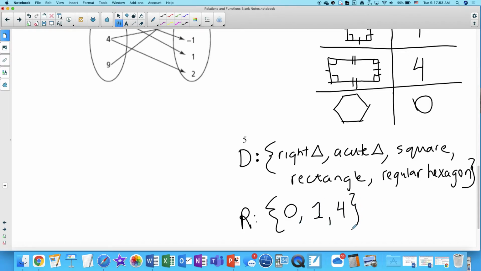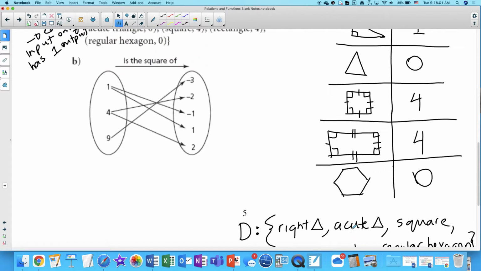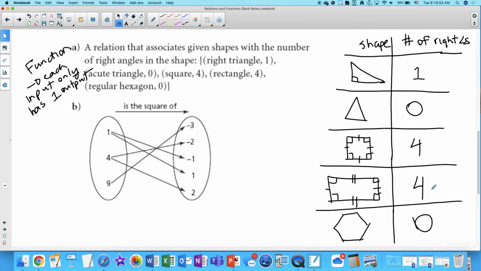Okay? Now, one thing that I should note is that it is possible to have the same output value that goes with 2 different input values. That's okay. Right? Just like if you think about on any given day in September, well, if all of you are here on 2 different days, then both of those output values are going to be 32. That's fine.